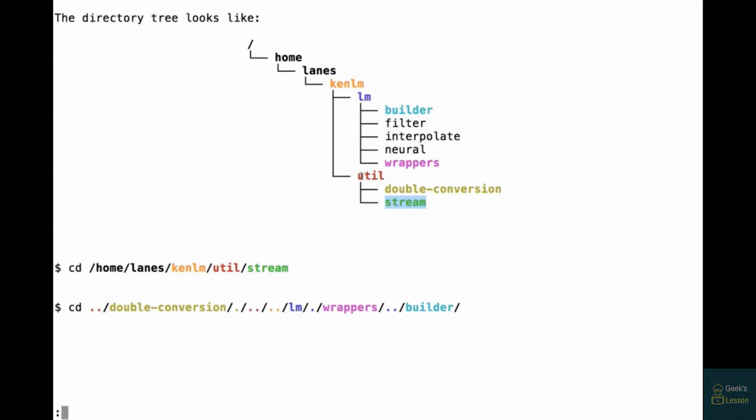In our case, the parent is the util directory, which is also drawn in red here in the tree. Double conversion is a subdirectory of util.